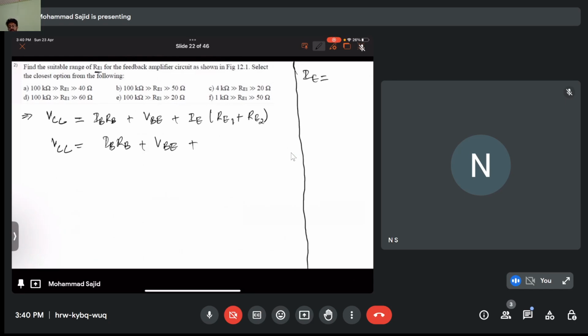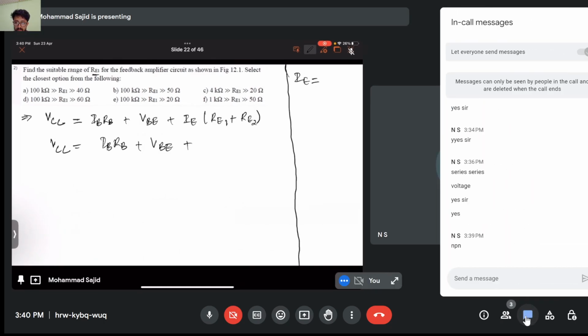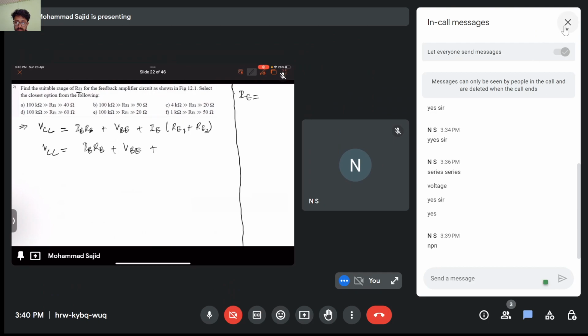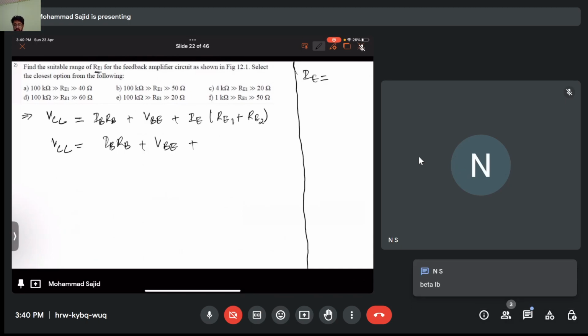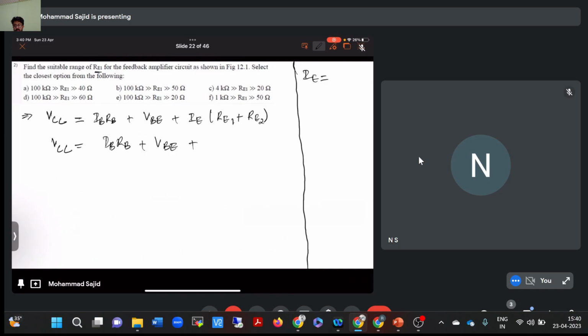IE is the emitter current. In terms of base current, it is not exactly beta times IB. You can approximate it, but it's not equal to beta times IB.